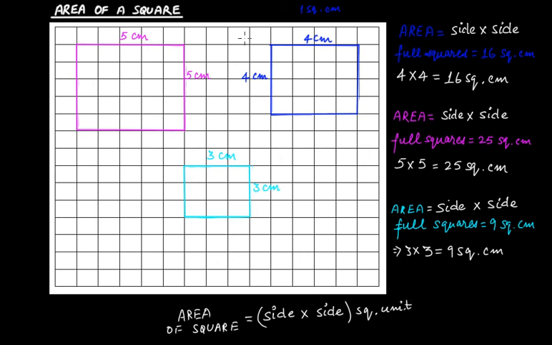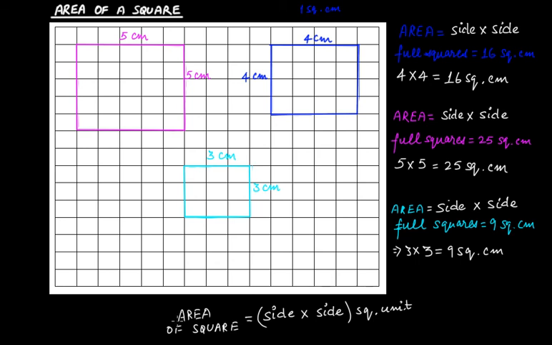In this case, our graph paper is in centimeters. Unit can be anything, it can be centimeter, meter, or millimeter. So this is a formula that is applicable everywhere. It's not only limited to a discussion for the square graph or square paper. This formula is applicable everywhere.